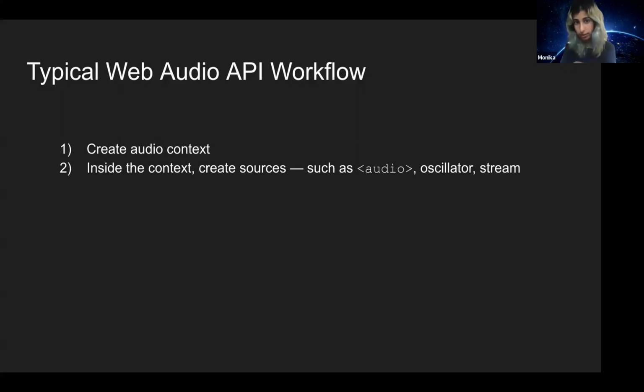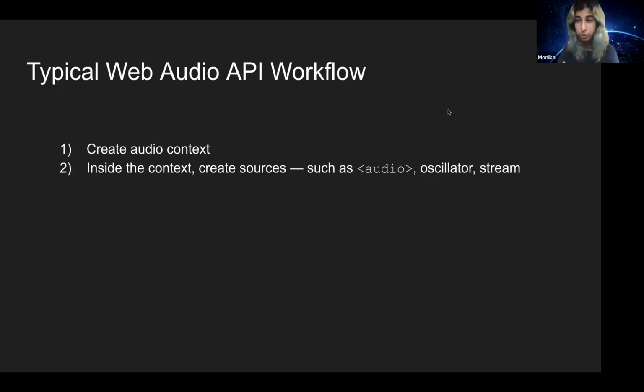Inside the context, we create sources, input sources, such as the audio tag. If any of you have seen it, that is an HTML element that can play audio files, most kinds of audio files, depending on your browser. We can even create oscillators with the Web Audio API, and then stream is the last one.